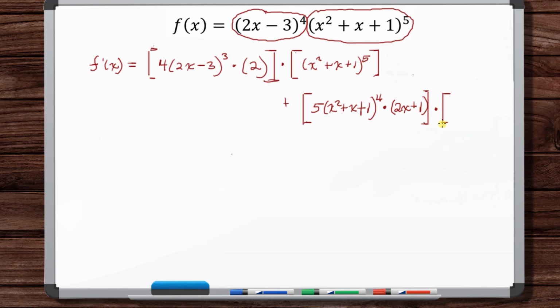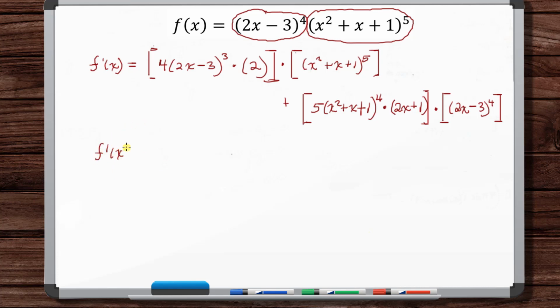Okay, times the first. Right, derivative of the first times the second plus derivative of the second times the first. Okay, so I mean that's it. That's your derivative. Now it's just algebra, factoring, cleaning it up.